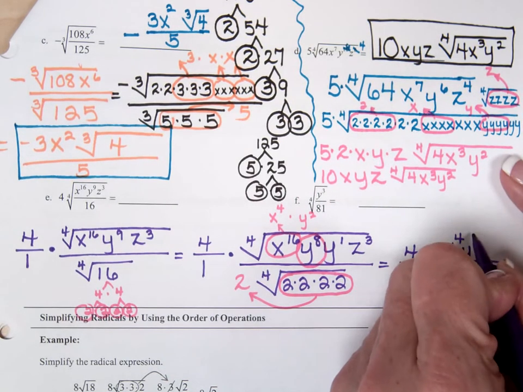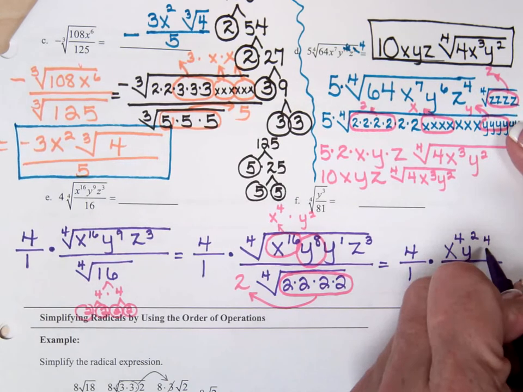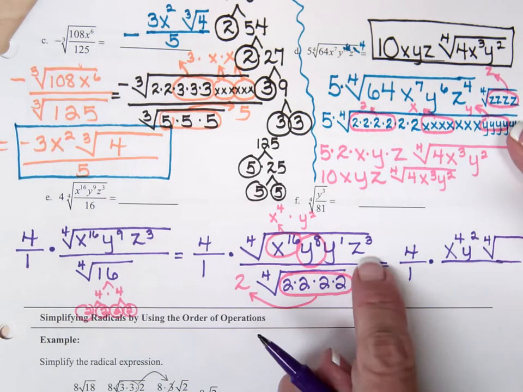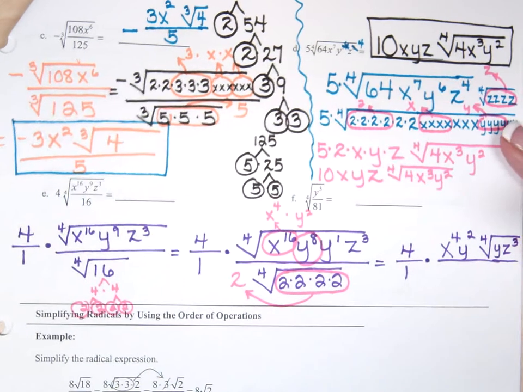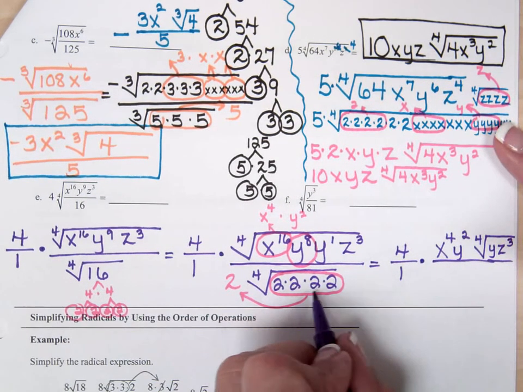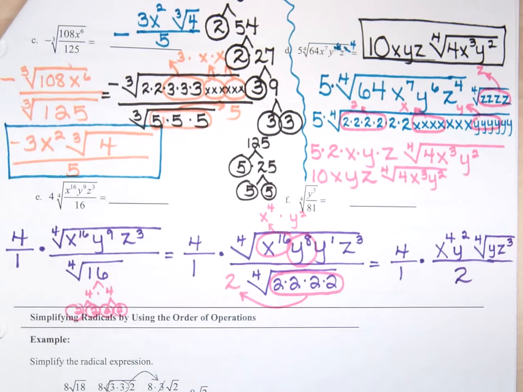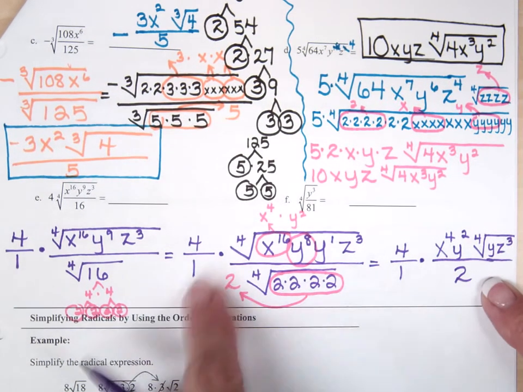And then we're going to have the 4th root of yz cubed. Almost done. And 4 2's come out as a single 2, and that's all there is. There's absolutely nothing else left in the denominator because those 4 came out and nothing's left.